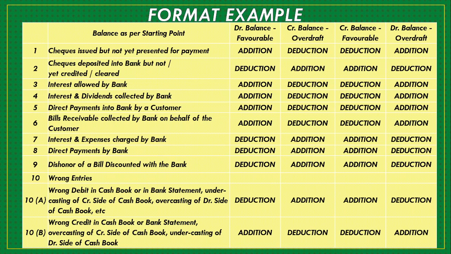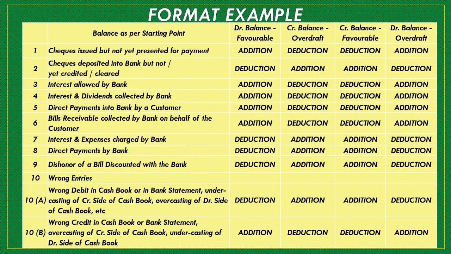Wrong entries. In the wrong entries, there are two points here to be noted, A and B. Point number A is wrong debit in cash book or in the bank statement, undercasting of credit side of cash book, overcasting of debit side of a cash book, etc. If your starting point is debit balance favorable, then it will be deduction.